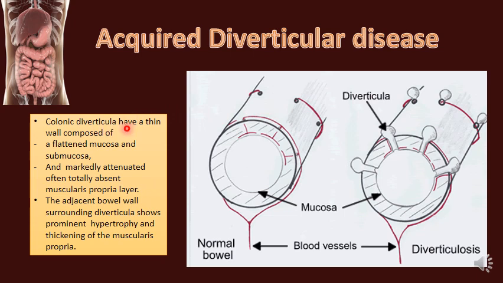Colonic diverticuli are thin outpouchings of the wall, mostly formed of mucosa and submucosa with an attenuated or almost absent muscle layer. The adjacent part of the large bowel wall would be formed of prominent hypertrophy and thickening of the muscularis propria.